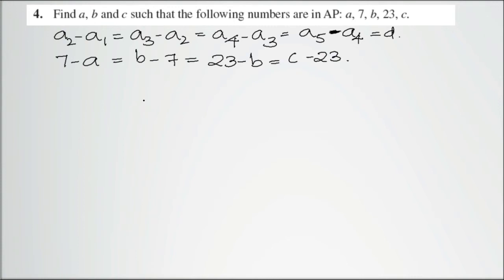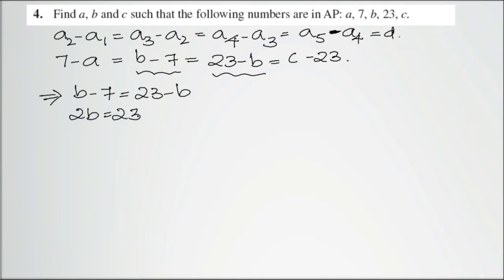Suppose if I consider B minus 7 equal to 23 minus B, I will be able to find the value of B. So 2B will be equal to 23 plus 7, B will be equal to 15. So we got the value of B.